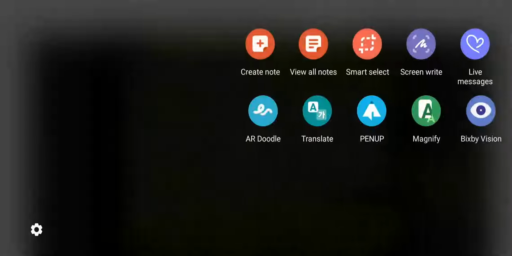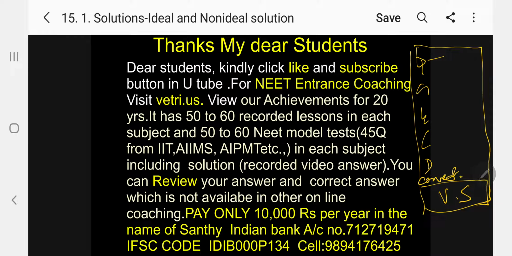Kindly follow, my dear students. If you have written A as the answer, it will be in blue color. The correct answer will be in yellow color. So you can easily identify your answer and the correct answer.